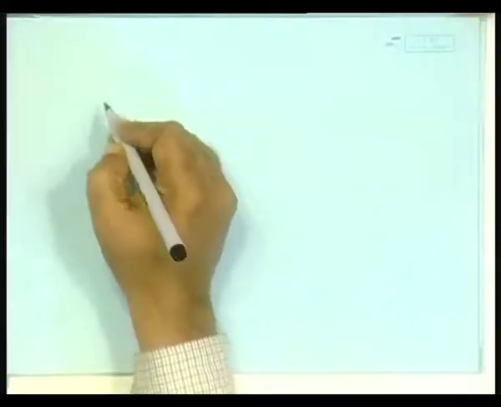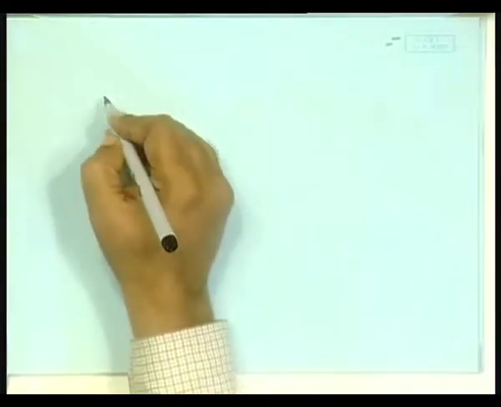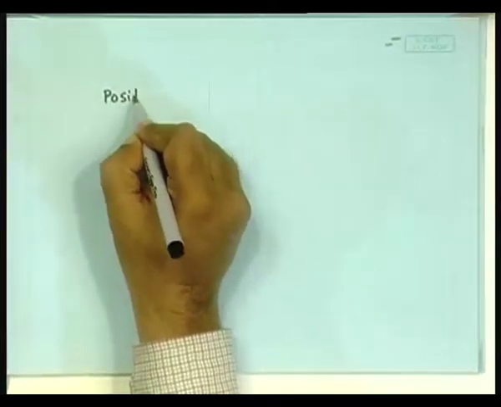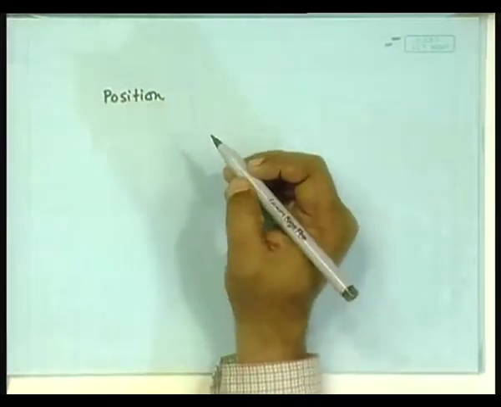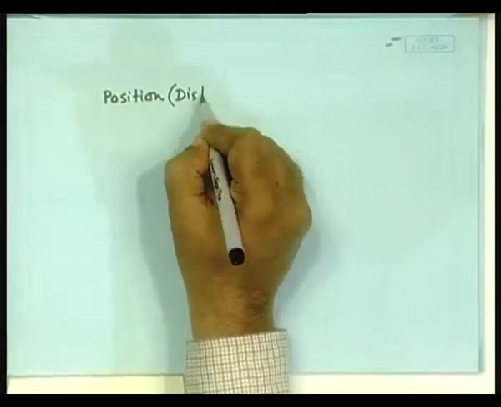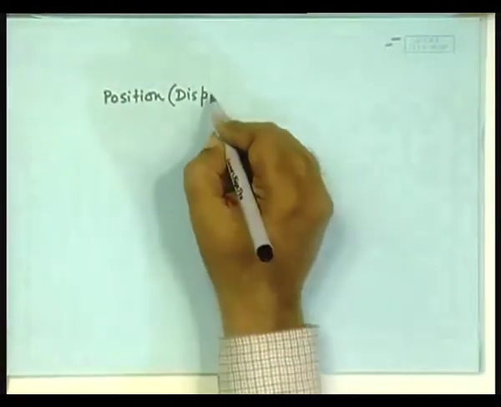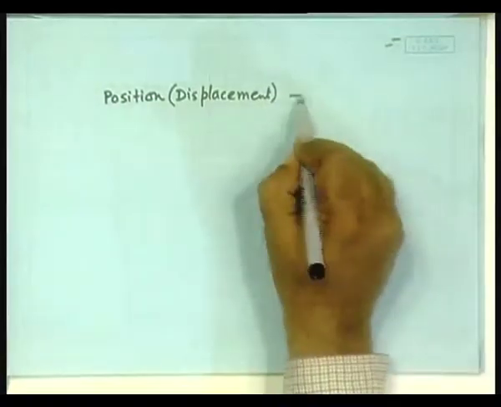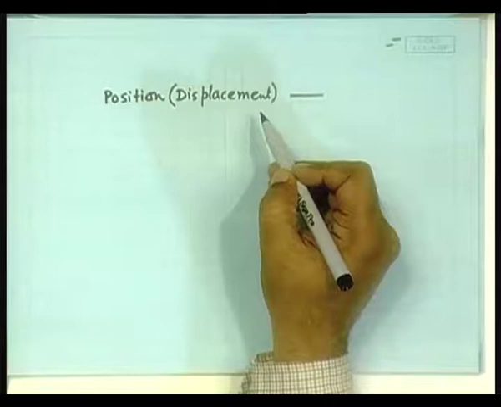In the last class we have seen that electrical quantities and mechanical quantities can be equivalenced, and let us start by just recapitulating where we were. We saw that in the mechanical domain the basic coordinate is position or displacement from some datum position, and its electrical equivalent would be charge.